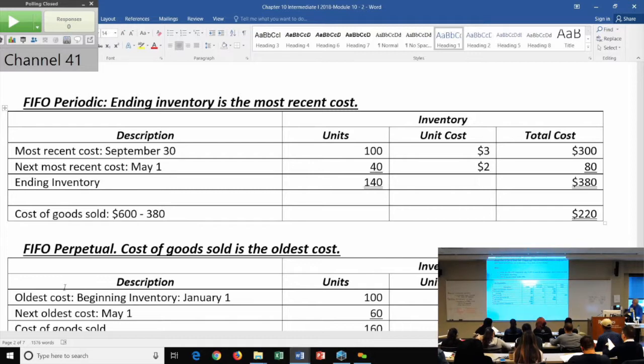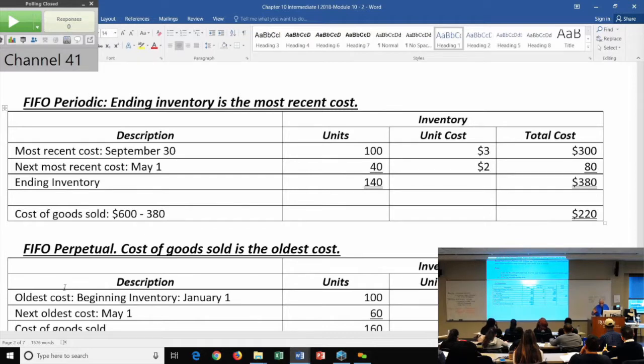So I've got 140 units left, correct? Out of those 140 units, where do they come from? If the first ones in are the first ones that you sold, you're selling off the older units first. The newer units are coming from the bottom. So here's what's left. You should have 100 at 3, and you need another 40. It's going to be 40 at 2. So that's going to be FIFO.